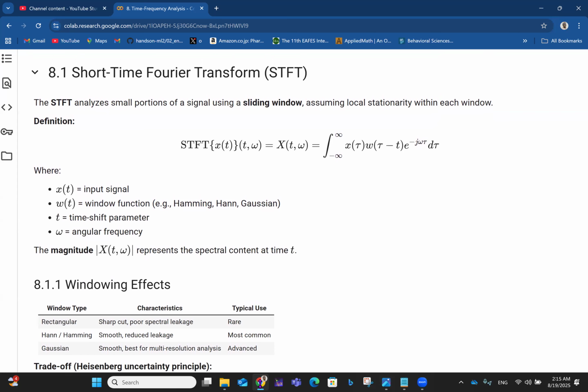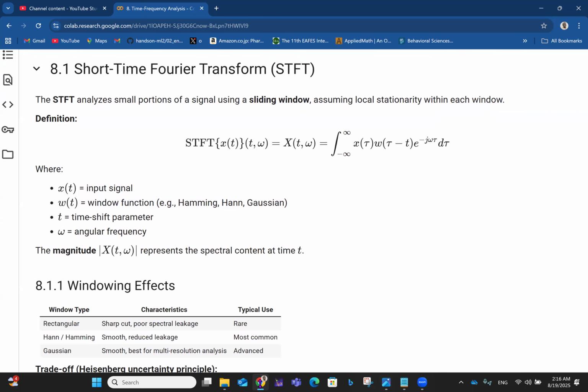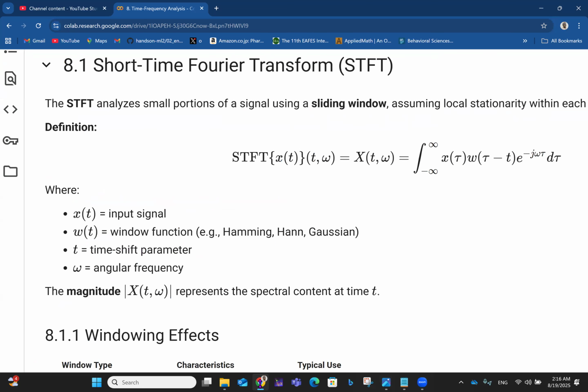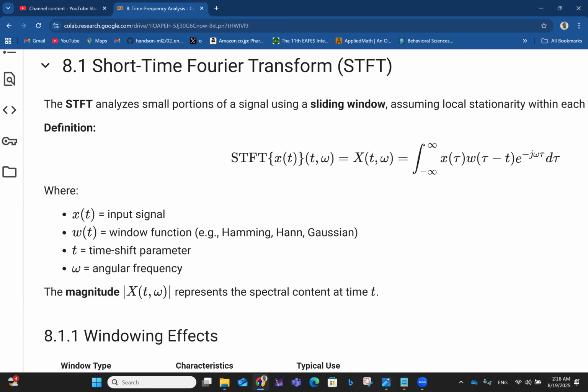So if we assume local stationarity within each window, we can look at just that window, and that is why we have the short-time Fourier transform, STFT, where x of t is the input signal as usual, and then we have w of t, which is the window function, whether it's Hamming, Hann, or Gaussian. Then we have the time shift parameter. So that's t right there. And then you have the omega, which is the angular frequency, like that.